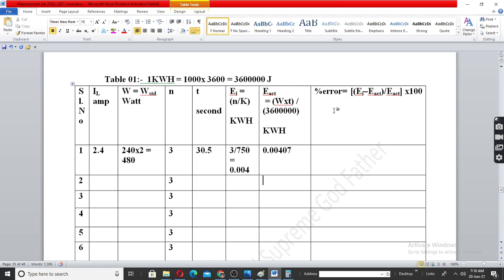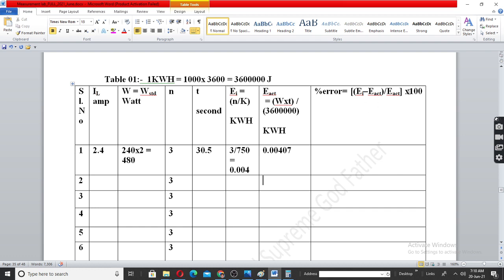Now calculate E_I minus E actual by E actual. Error is nothing but the difference between indicated and actual value, but it is expressed as a percentage.